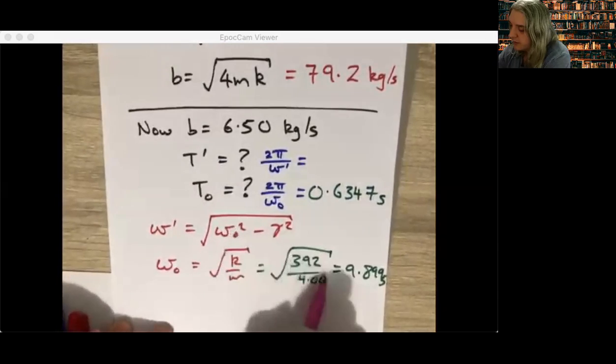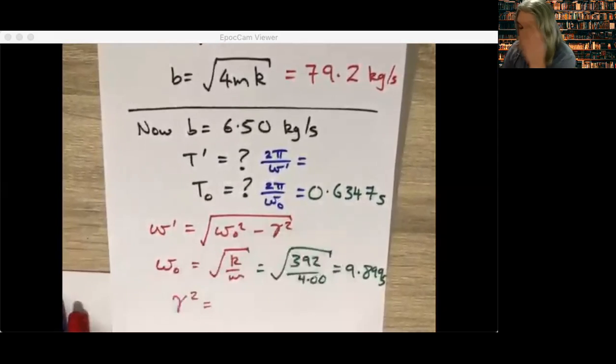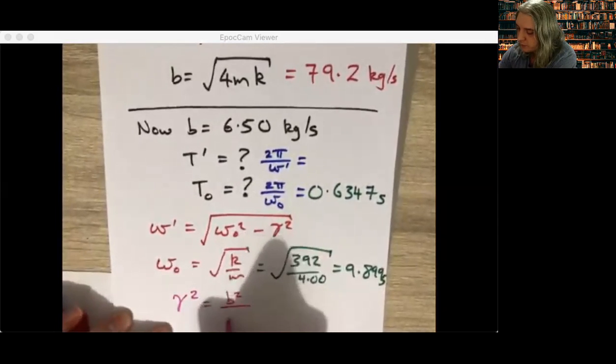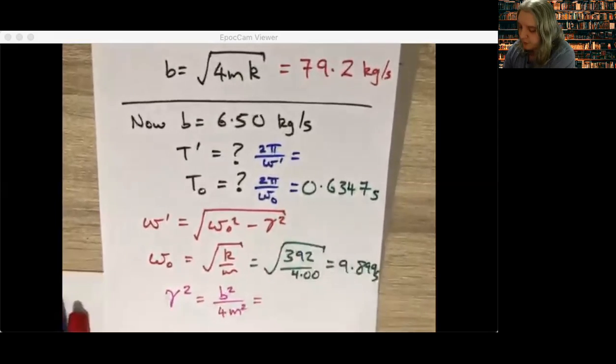We've now got omega naught squared. Gamma squared, if you remember, you can look back through your slides, was B over 2m, but we've got it squared, so B squared over 4m squared. We can put in our values: B squared is 6.5 squared, divided by 4 times the mass squared, which was 4 squared again.